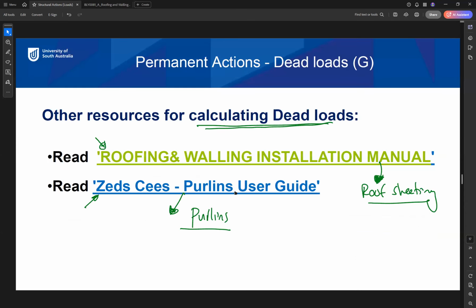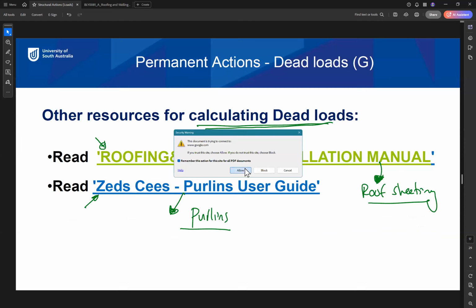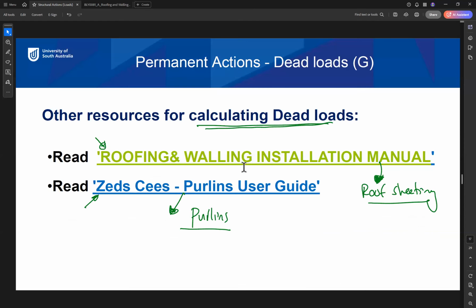The other one is for the purlins. If we open this one, this file is a little bit bigger, so I have a copy of it and will open it.